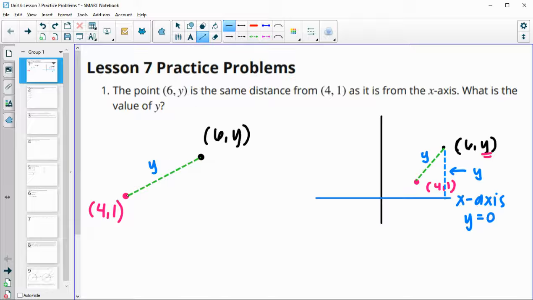So then let's figure out the width and the height and do the Pythagorean theorem. We can label this width by subtracting the x's. So 6 minus 4, so this length here is 2.